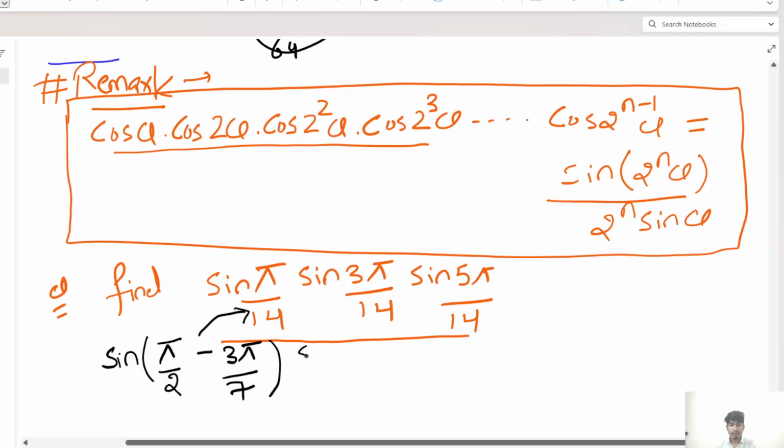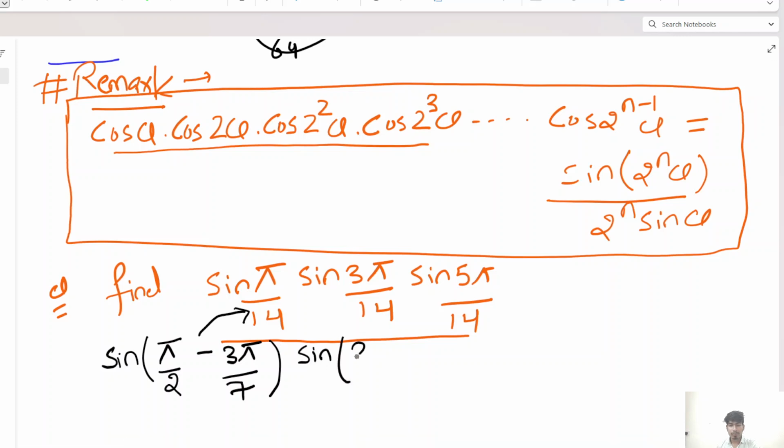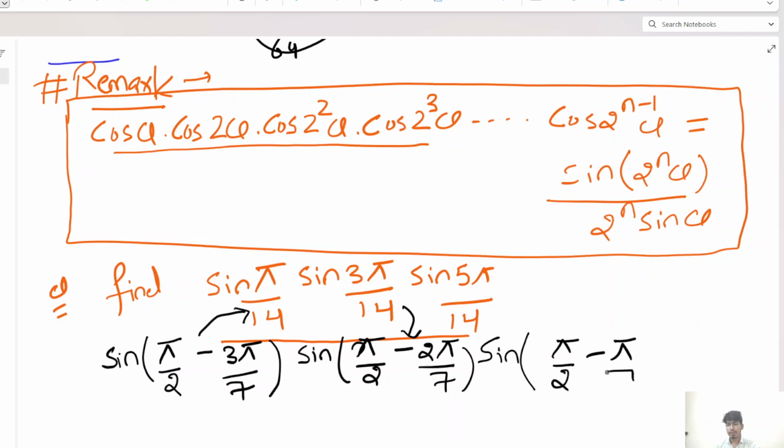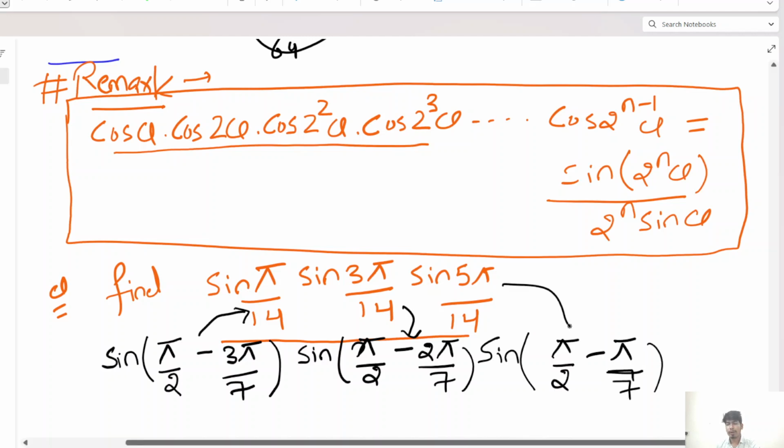And sine of pi by 2 minus 2 pi upon 7; this is 3 pi upon 14. And this is sine of pi upon 2 minus pi upon 7; this is 5 pi upon 14. So we do nothing else: 5 pi upon 14 is pi upon 2 minus pi upon 7, similar to this and this.